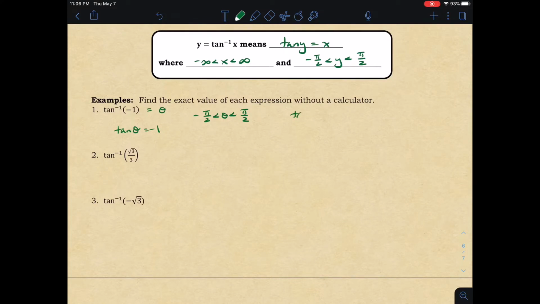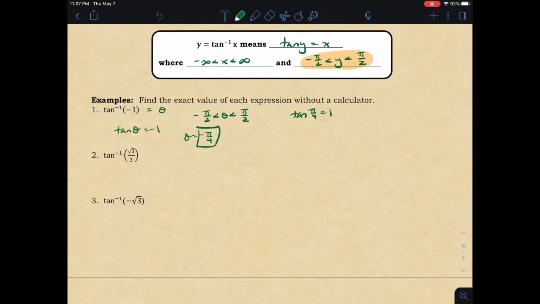In this case, I know that tangent of pi over 4 is 1, right? Pi over 4 will be the reference angle for theta. And because tangent of theta is taking a negative value, I know we have to be in quadrant 4. So that tells me that theta must actually be negative pi over 4 radians. And that's my answer. So again, you have to make sure that when you find the inverse tan of any value, your angle must be between negative pi over 2 and pi over 2.